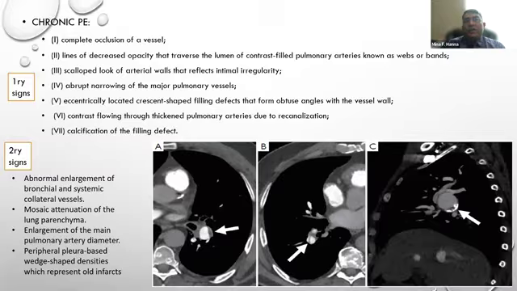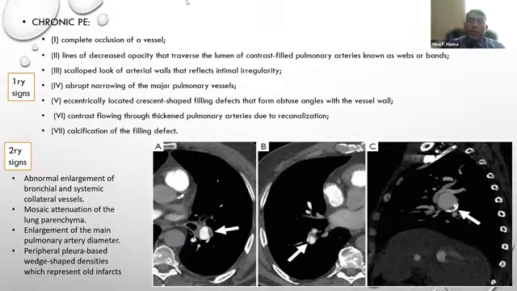The area beside it will have more blood, so it will appear white, giving you what is called mosaic attenuation. There is also enlargement of the main pulmonary artery, and peripheral pleural-based wedge-shaped opacities due to old infarction. So you will see some indirect signs in the lung, some indirect signs in the vessel, but the direct sign you may see or you may not see.